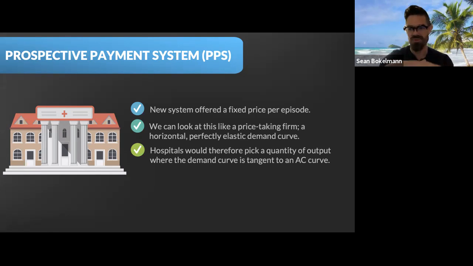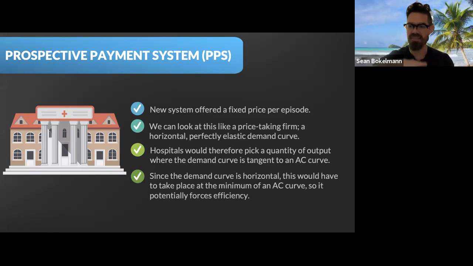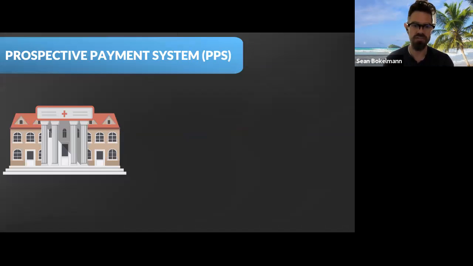And since it's horizontal, that means that that tangency must take place at the minimum of average cost. And so basically it's essentially trying to force efficiency on the hospital. So from some standpoint, that makes sense, right? We want hospitals being more efficient, but there might be some perverse incentives involved.